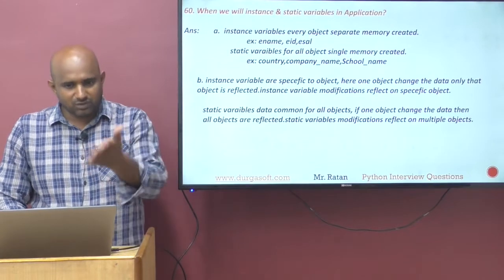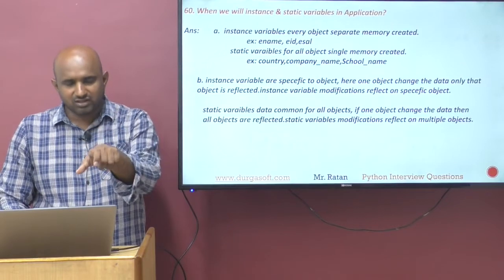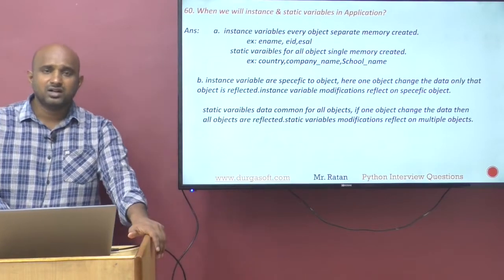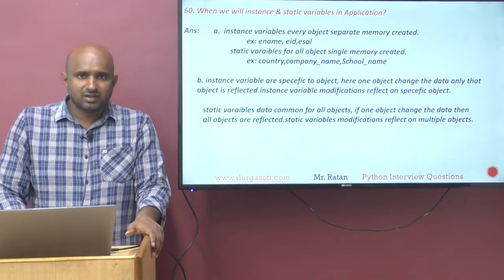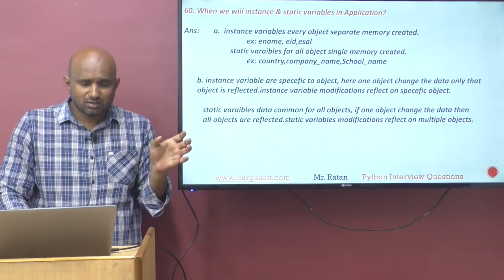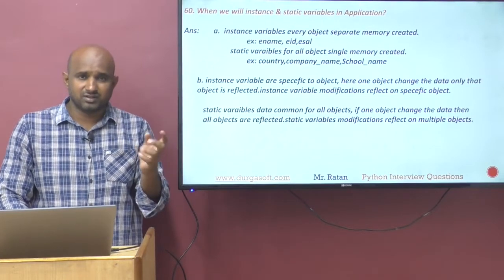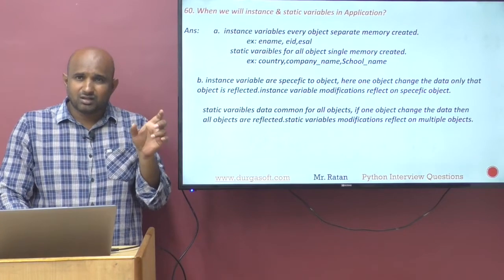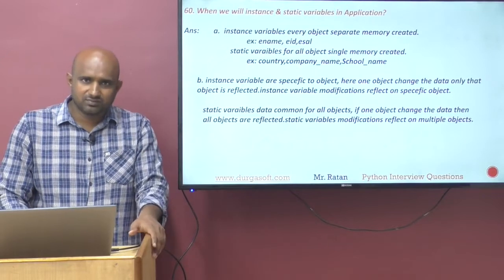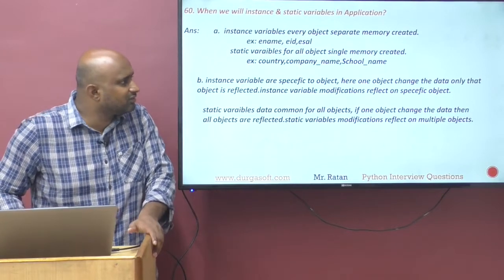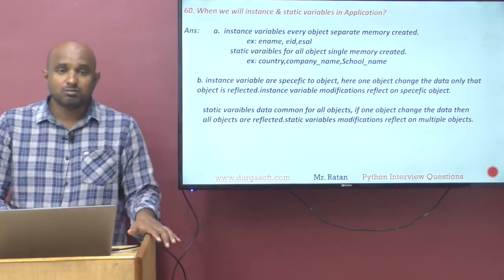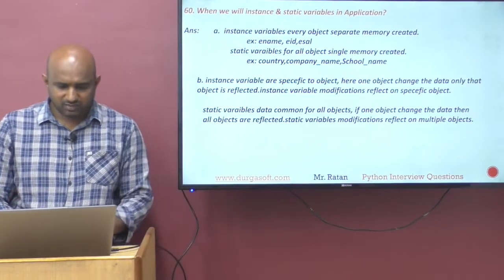Instance variables are specific to the object, so if I modify one, only that specific object is reflected. Static variable data is common for all objects, so if I change the value, all objects are affected. Is that clear now?